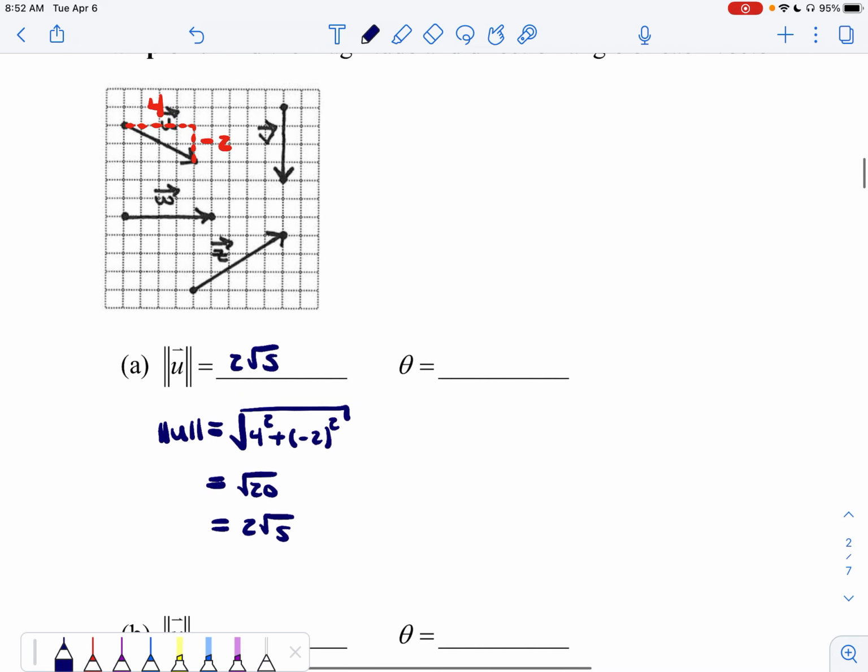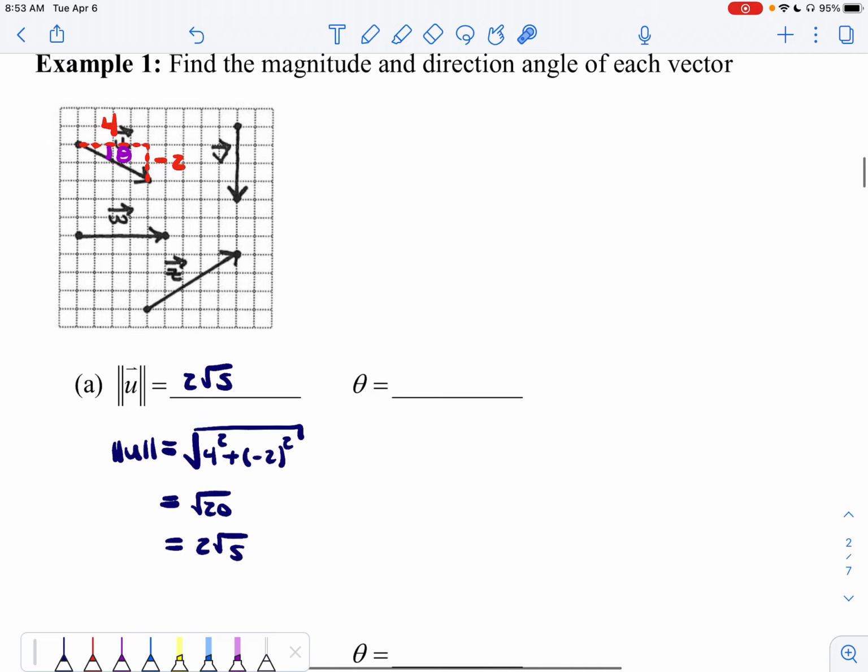All right, so then our angle. For our direction angle, we're just going to look at this little angle right here. Always measure angles from the x-axis. So if we want to find theta, we have the opposite and the adjacent, so we can say tangent of theta is equal to -2 over 4.